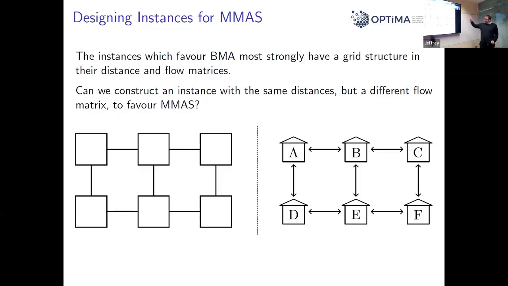As this problem stands, there are 4 good solutions, corresponding to just mapping these directly and to vertical and horizontal flipping. And if the ant colony algorithm figures out facility A and facility B should be next to one another, and it puts facility A in the top left, facility B in the top middle, then we're committed to one of the 4 solutions.